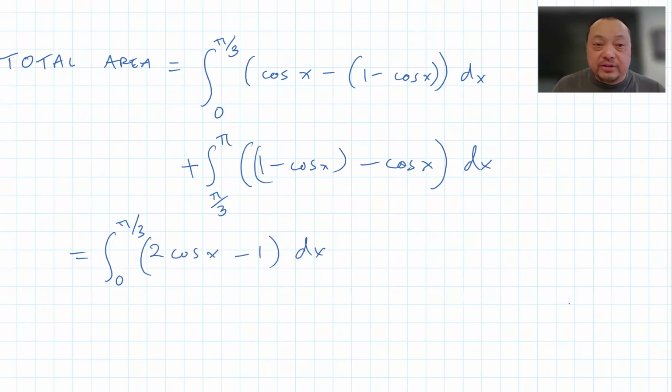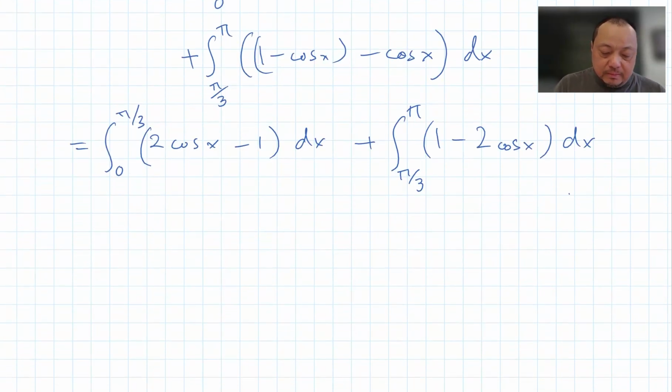The first integrand simplifies to 2 cosine x minus 1. And the second integrand simplifies to 1 minus 2 cosine x. Integral of cosine is sine. Integral of 1 is x.